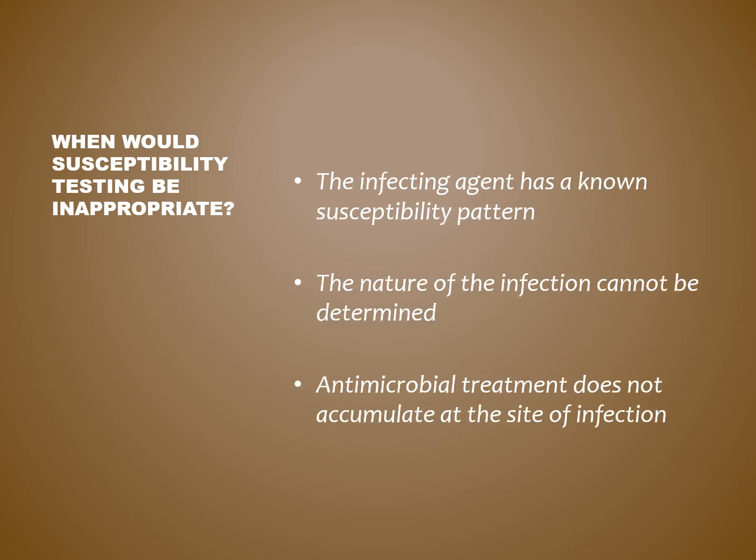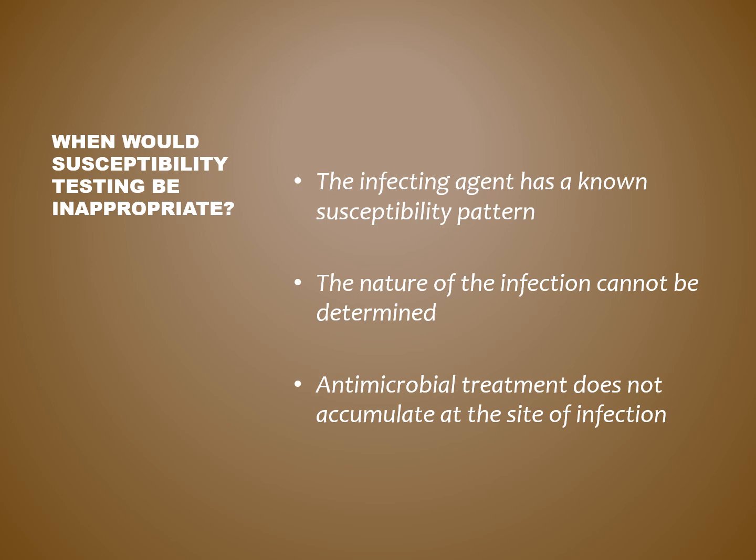Now, when would susceptibility testing be inappropriate? If the infecting agent has a known susceptibility pattern, for example, Streptococcus A has a known susceptibility pattern to penicillin. It's always universally susceptible to penicillin, so we don't need to do susceptibility testing on Strep A. If the nature of the infection cannot be determined.